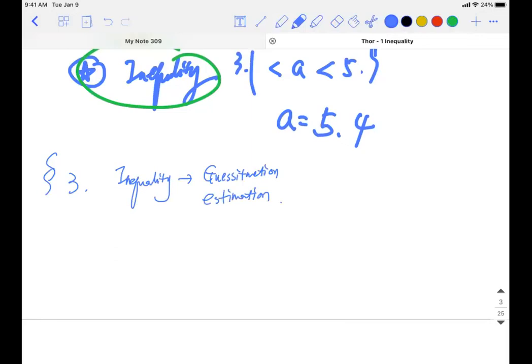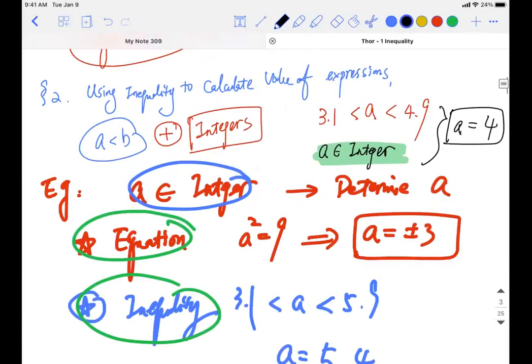The question is going to give you some inequalities, and you'll be using the inequality relationship between different values A, B, C, D, trying to evaluate or guess a range of certain numbers or some range of certain expressions, so on and so forth. Okay, a quick recap. We're going to be talking about three major categories.